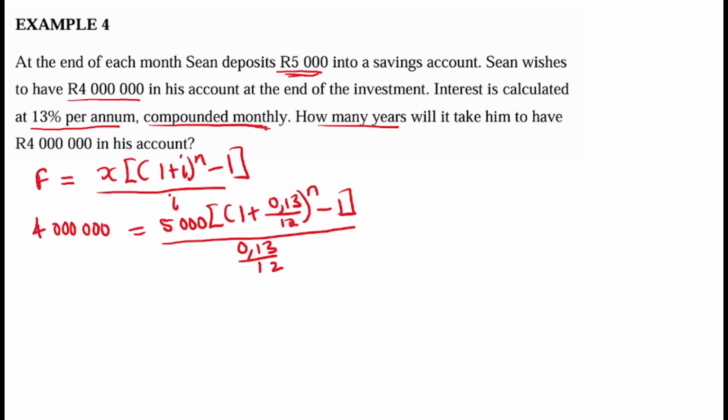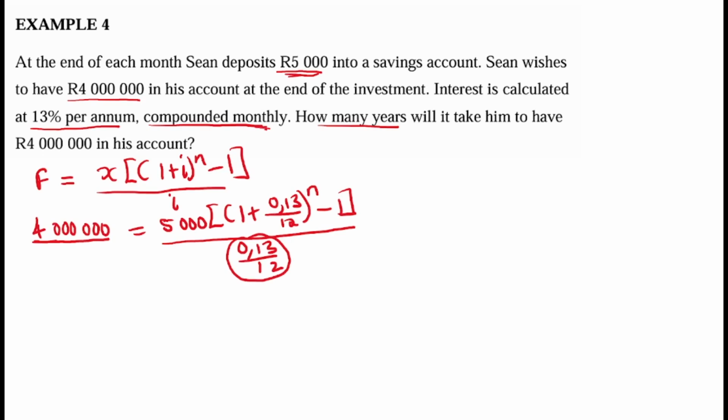So we want to find n. We may do things differently here. Some people can say 5,000 divided by 0.13 divided by 12 first, but I prefer this. I will multiply both sides by this. Let's multiply 4 million by 0.13 over 12.